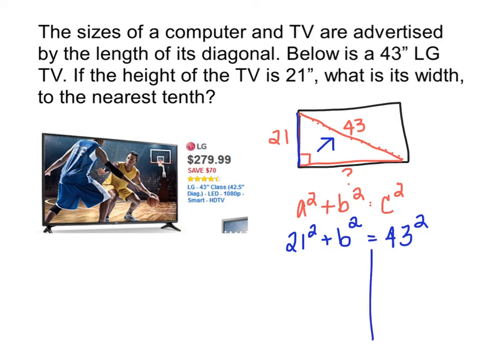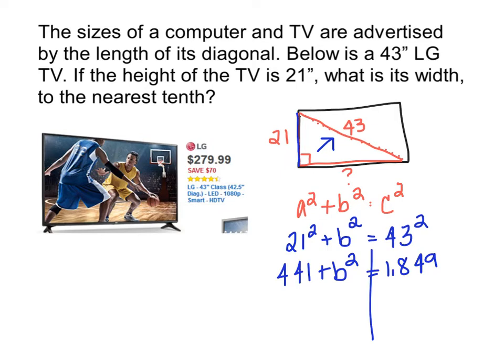So now I'm just going to go ahead and start to solve. The first thing I need to do is 21 squared, which is 441. Leave my plus b squared, and 43 squared is 1,849.